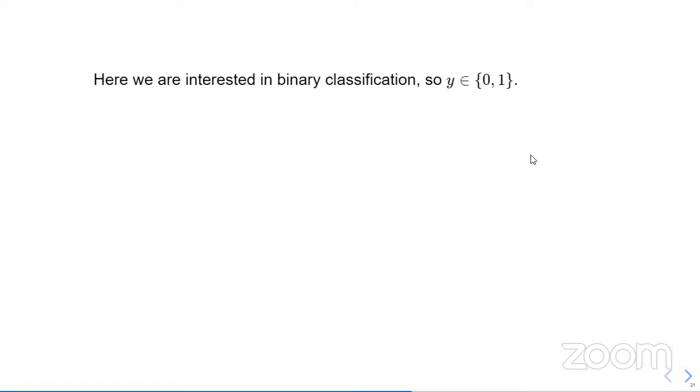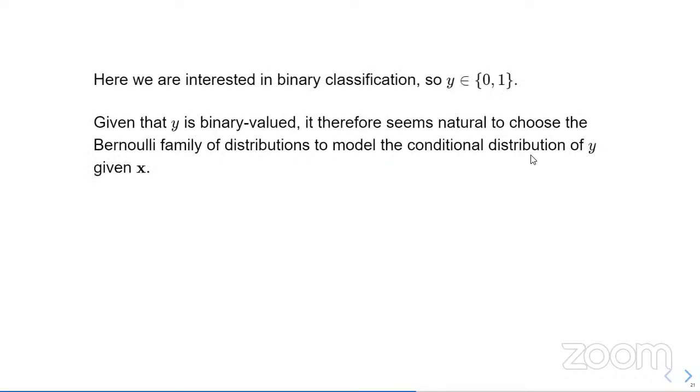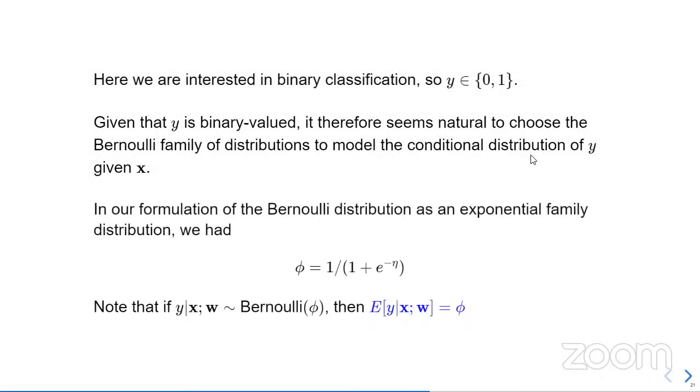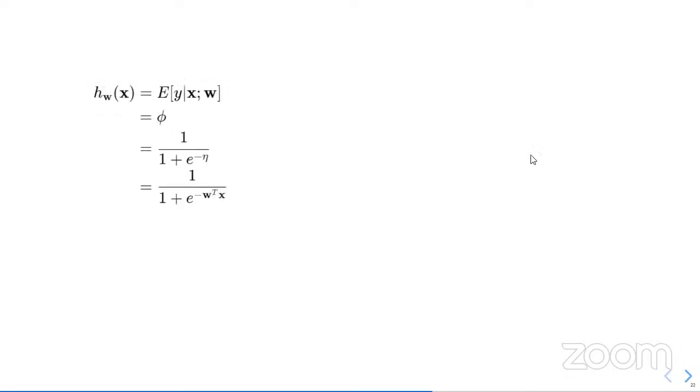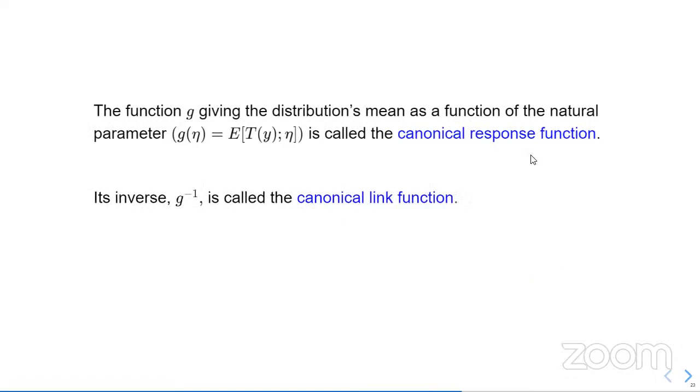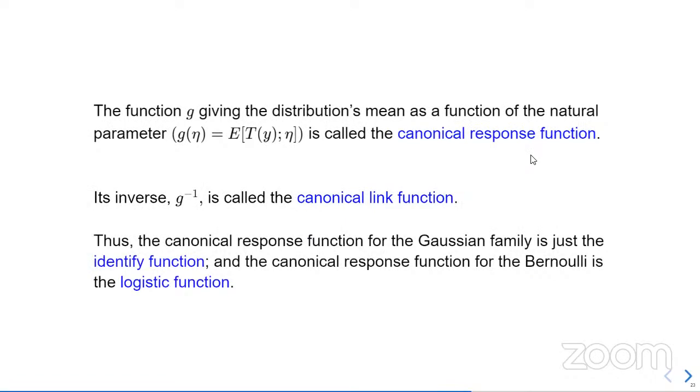The next one is for KNN. Yeah, this one. So a function of a natural parameter is called canonical function, right?